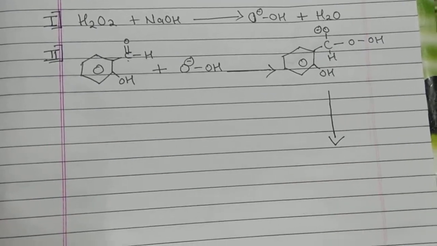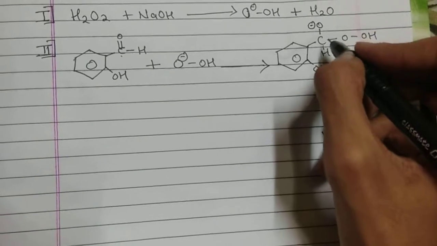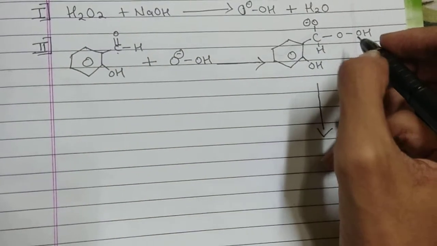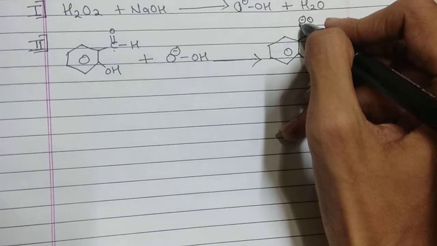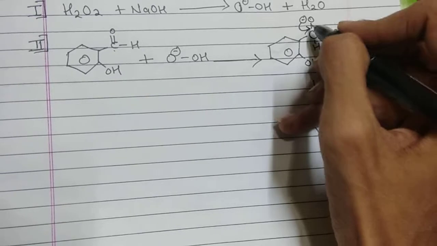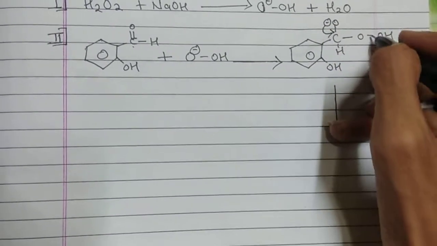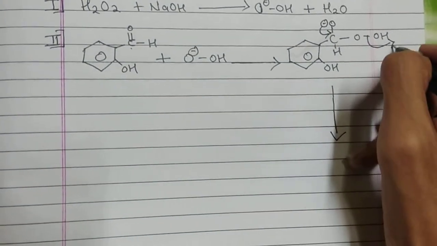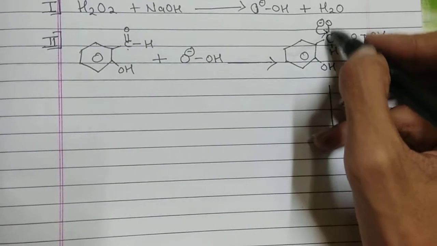Now, in the next step, what happens is this oxygen has a lone pair of electrons, right? So that lone pair will be given out to this. So there will be another bond formation taking place between carbon and oxygen. This OH will go out. So first this OH will go out. This negative charge will give its lone pair to the carbon.